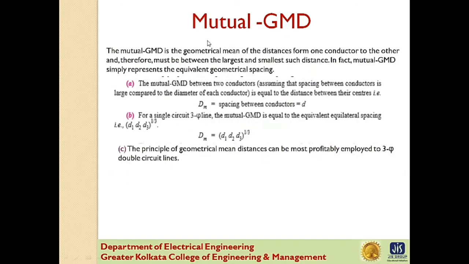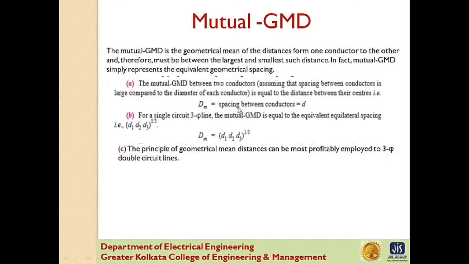Next one is mutual GMD. The mutual GMD is the geometrical mean of the distances from one conductor to the other, and therefore must be between the largest and smallest such distance. In fact, mutual GMD simplifies the representation of the equivalent geometrical spacing. First, the mutual GMD between two conductors, assuming that the spacing between conductors is large compared to the diameter of each conductor, is equal to the distance between their centers.